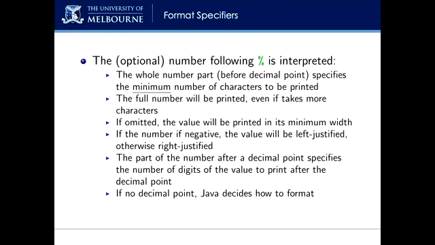When you're using the function, you can put optional numbers within the percentage and the f. Again, if you've done Python or C, this will be familiar to you. So it's pretty basic stuff. If you haven't, we'll have some examples.